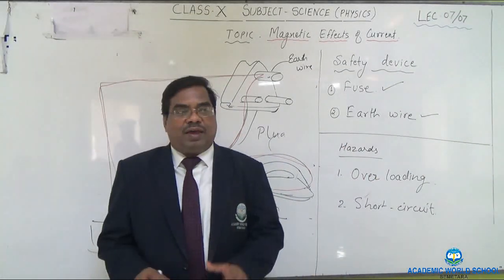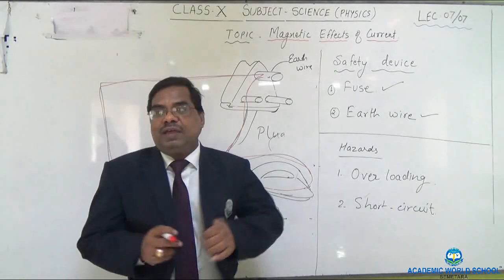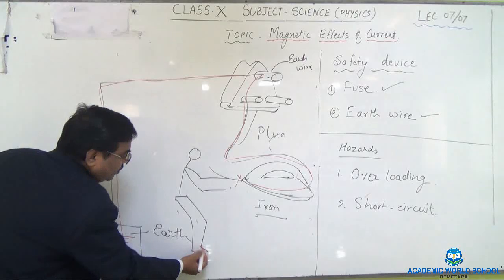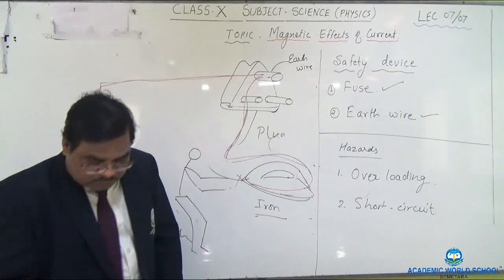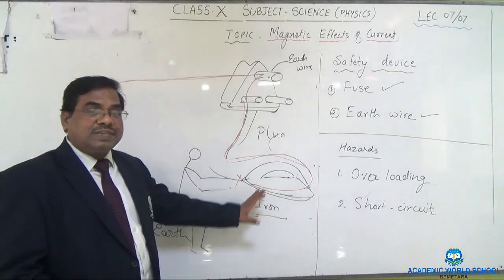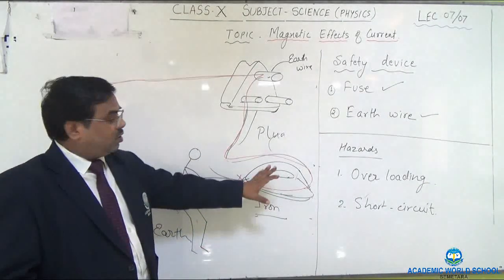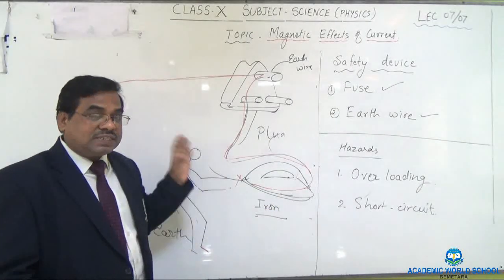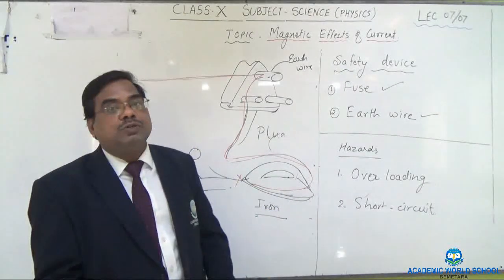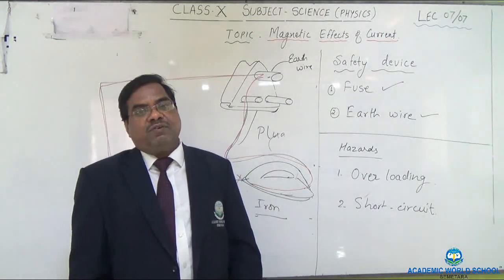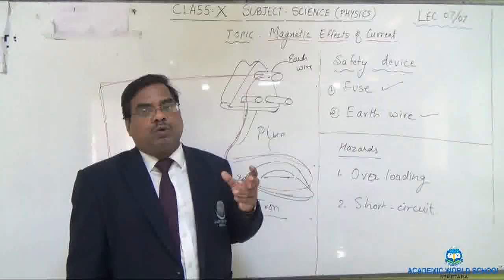Earth wire provides you safety here. Isn't it interesting? Earth wire is taking all the leakage current of the appliance without harming you. It's a must. You should also check in your home all those appliances you are using, like cooler.